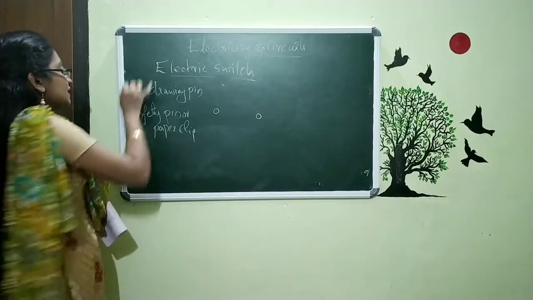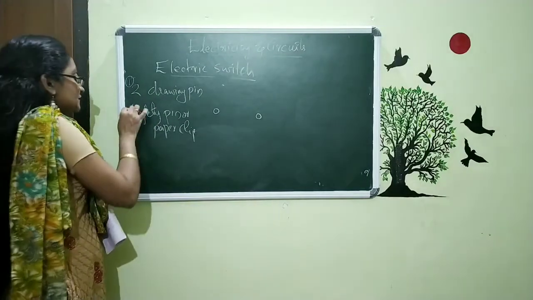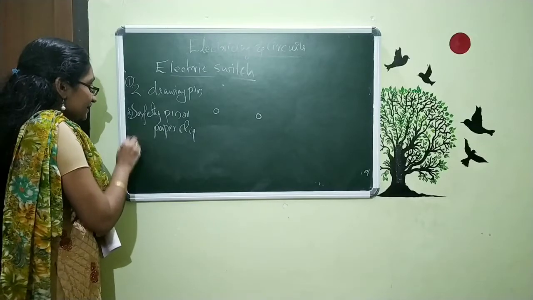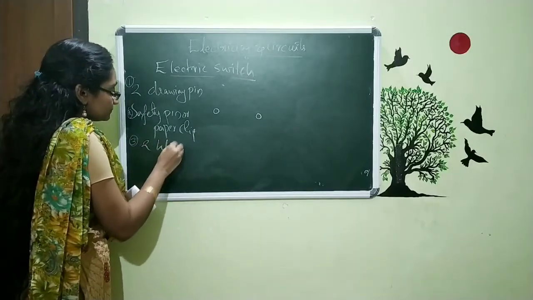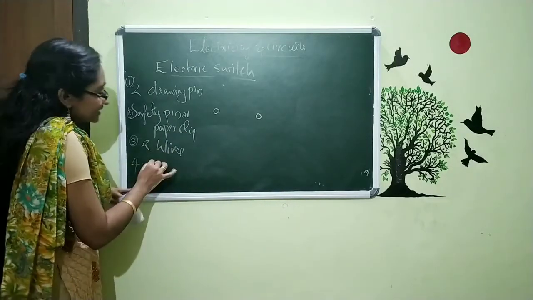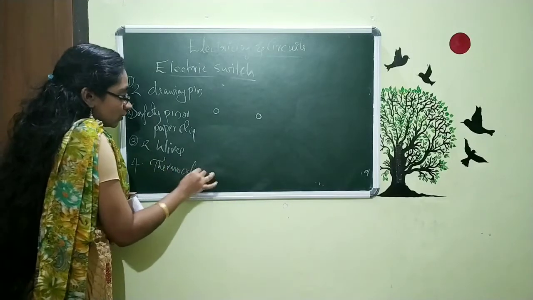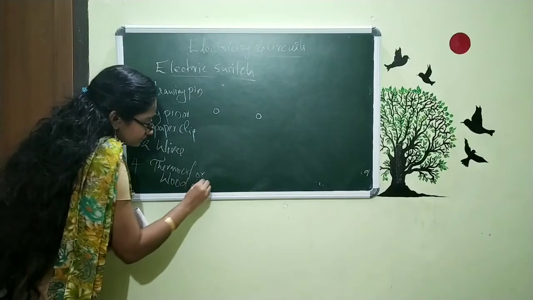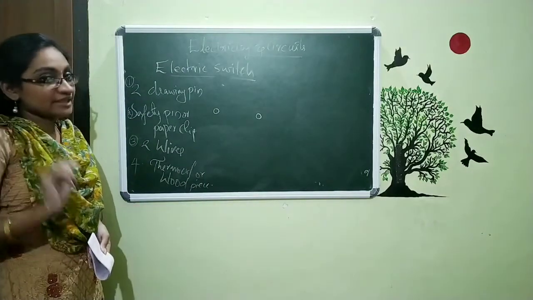First you need 2 drawing pins, a safety pin or a paper clip, and the third thing we require is 2 wires, and the fourth thing we need is a piece of thermocol or wood piece. If we have all these things, we can make one electric switch.